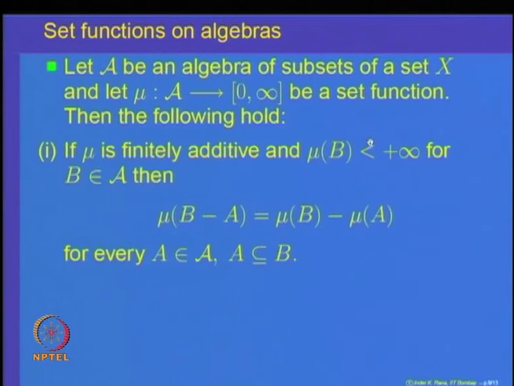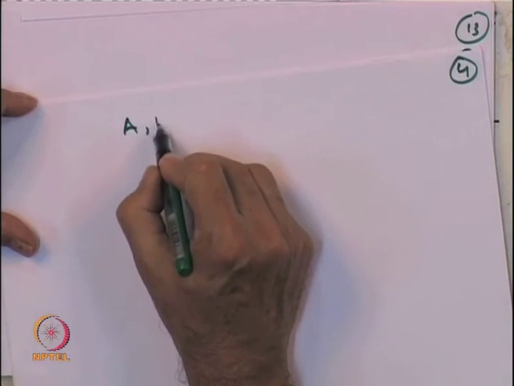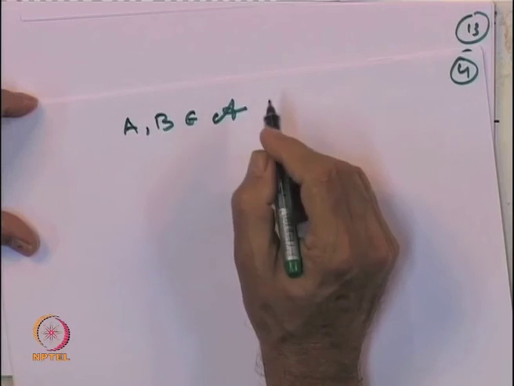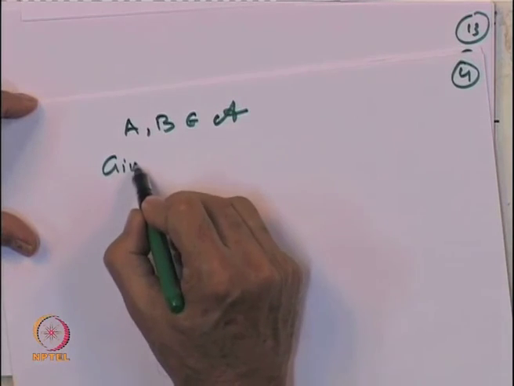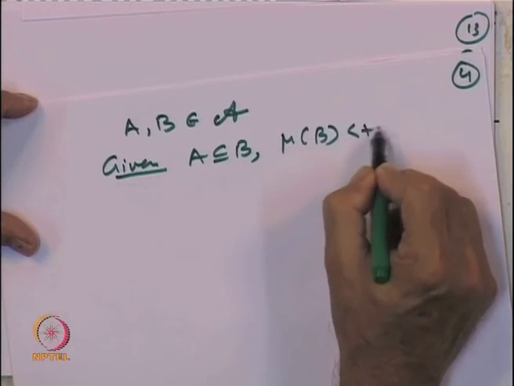Then we want to show that if mu is finitely additive and mu of the set B is finite, for a set B in the algebra A, then mu of the difference B minus A is equal to mu B minus mu of A, whenever A is in the algebra and A is a subset of B. So, let us take two sets A and B belonging to the algebra, and we are given, of course, A is a subset of B and mu of B is finite.